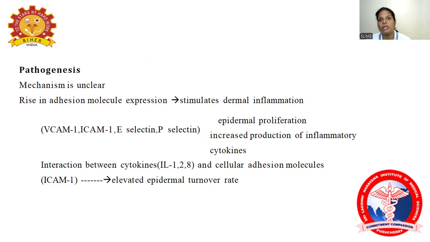There will be an interaction between cytokines and adhesion molecules, which can result in an increase in the epidermal turnover rate. Normally, the epidermal turnover takes about 72 days. Okay, the epidermal turnover is nothing but the time the cell takes to travel from the basal layer to reach the stratum corneum and exfoliate, around 72 days. When the time period is decreased, scaling will be more.